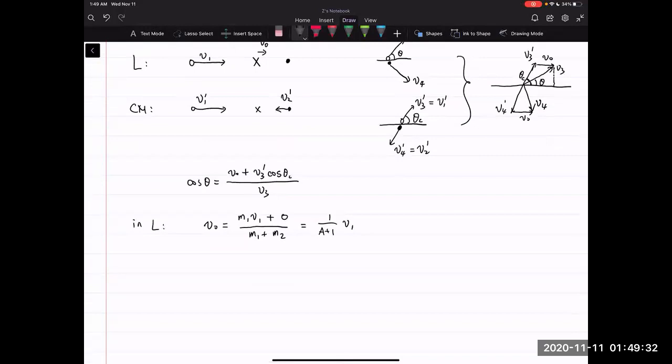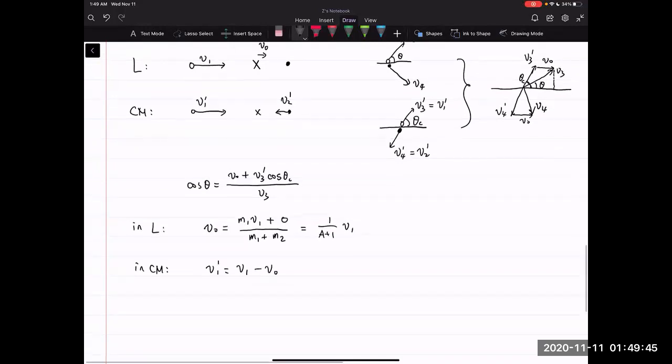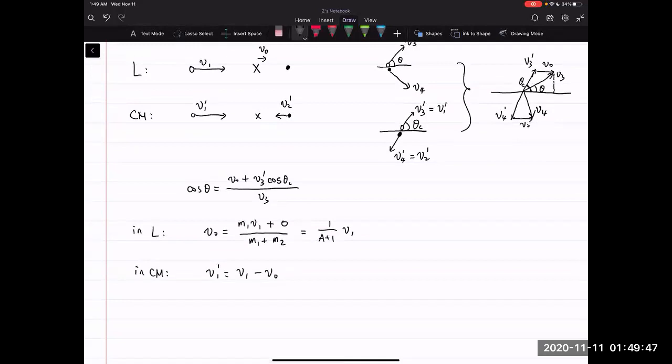Then we can find out what V1 prime is. In the center of mass coordinate, V1 prime is equal to V1 minus V0. So in the center of mass coordinate system, the speed of the incident particle is slightly less than the speed in the lab coordinate system. V0 is 1 over A plus 1 times V1.